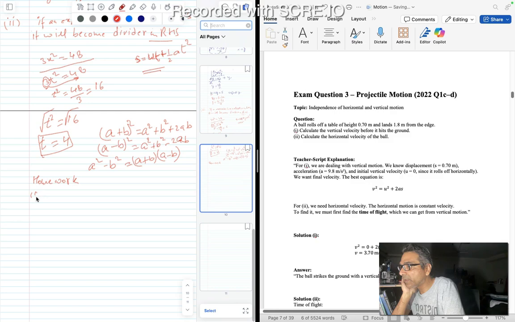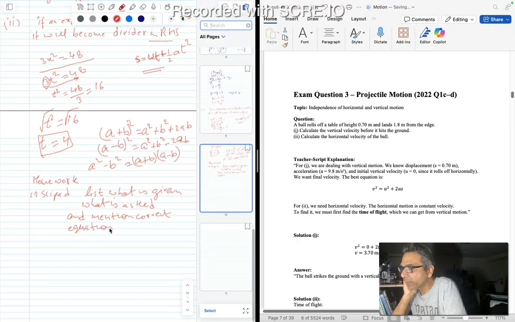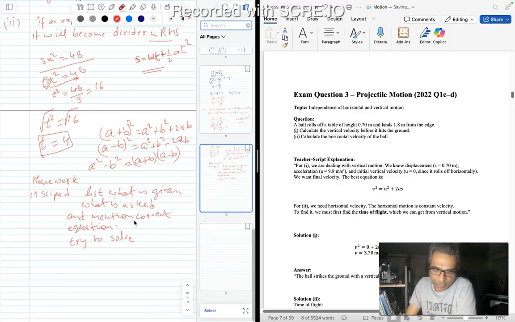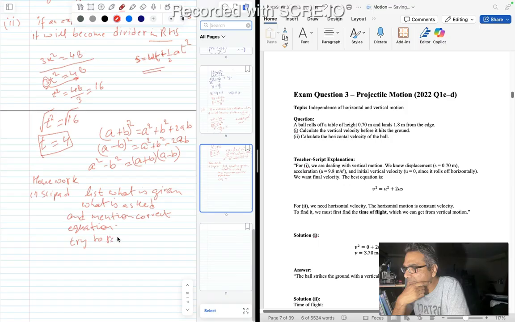Okay, homework will be in the Skypad: list what is given, what is asked, and mention the correct equation, and then try to rearrange for the subject, right?